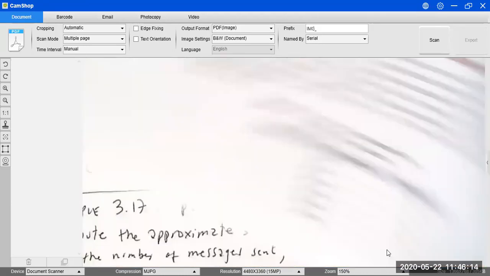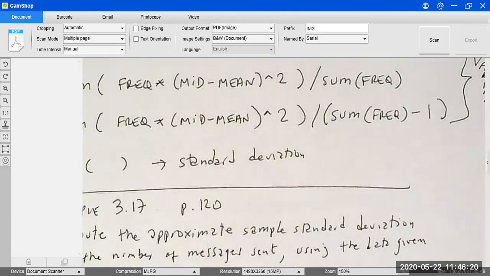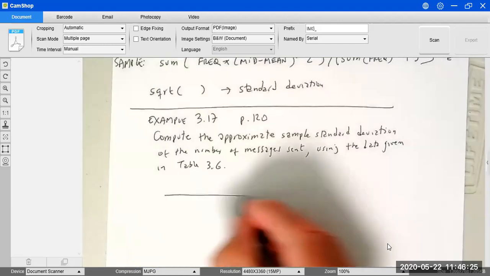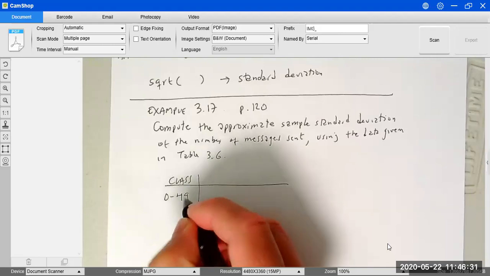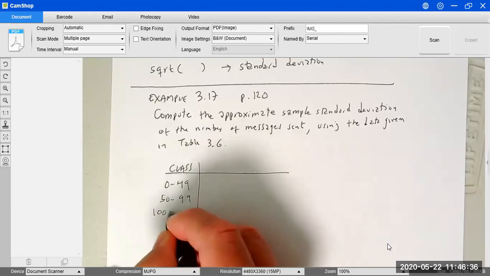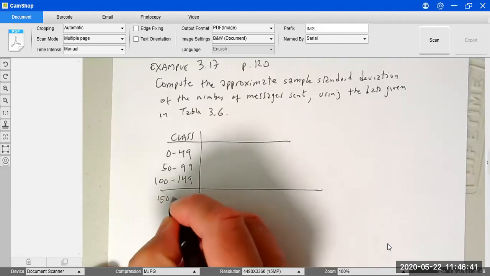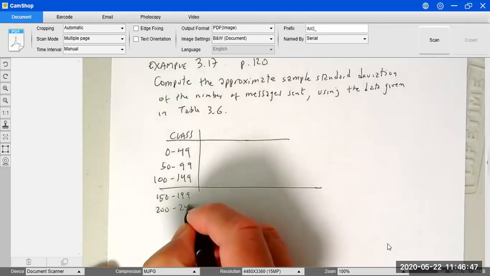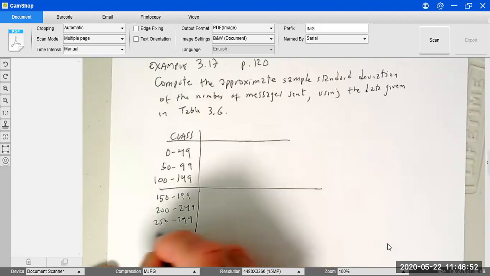So let's write that down. The classes are 0 to 49, 50 to 99, 100 to 149, then 150 to 199, 200 to 249, and finally 250 to 299.